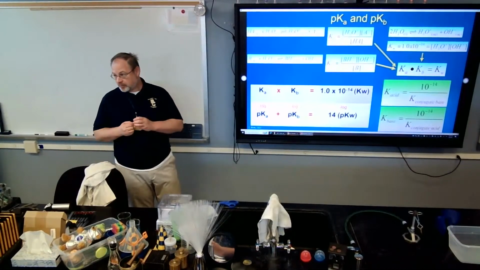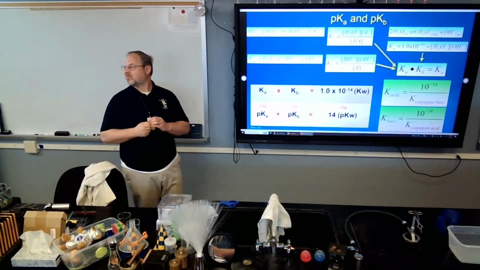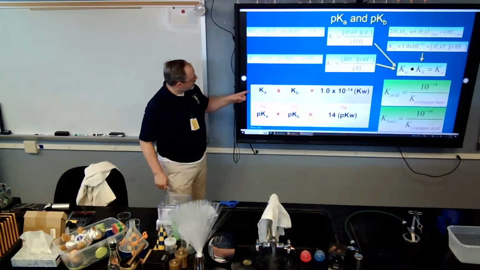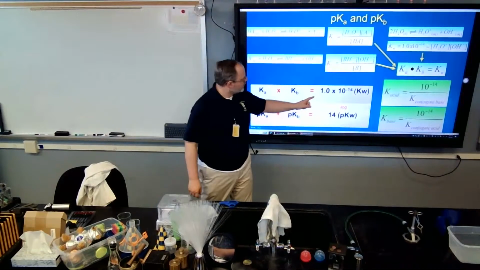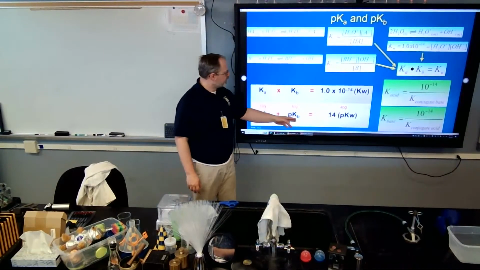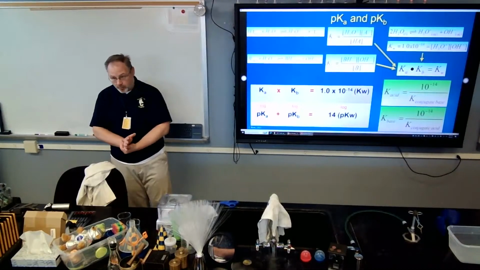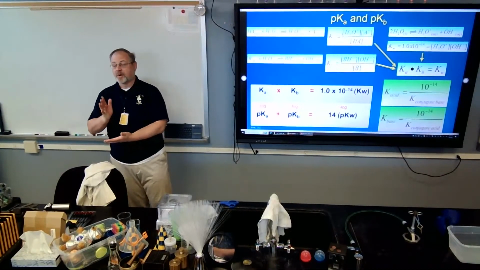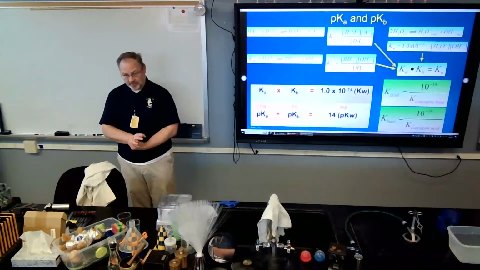It changes when the temperature changes, and that's something we're going to talk about later this week. So you get 14. Just like the pH plus the pOH is 14, the pKa plus the pKb is 14.